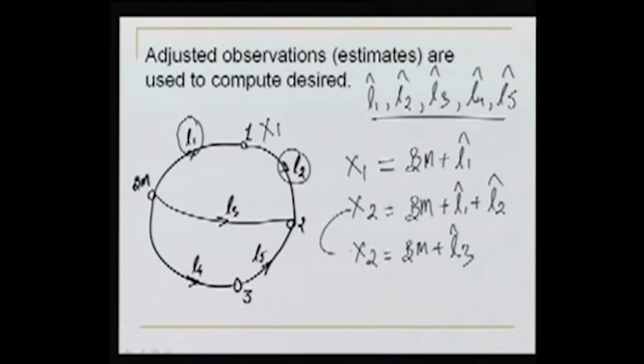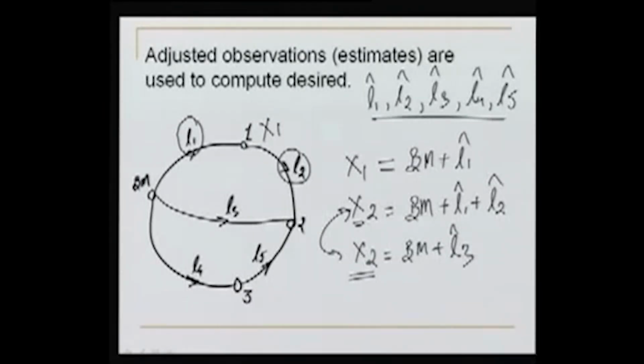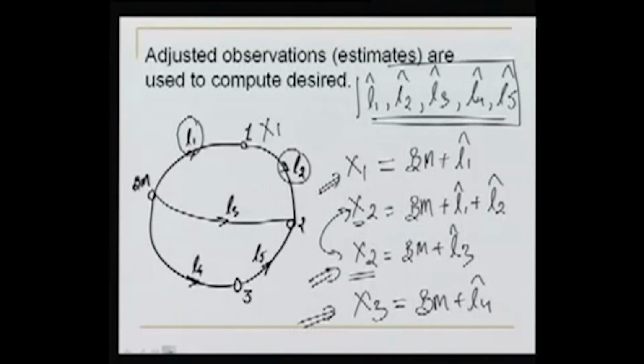Now in this case, these two x2 will be the same, because in our least square solution, this functional model has been taken into account. Whatever way we find the value of x2, both values should be the same if our solution is correct. Similarly, we can also determine x3 as benchmark plus L4 hat. So our desired quantities can now be computed if we know these estimates. So this is the method of condition equation.